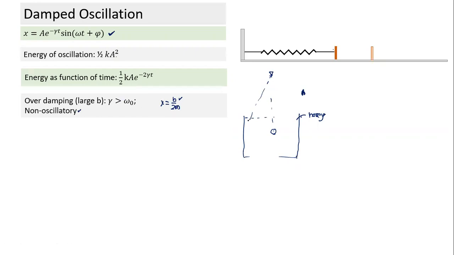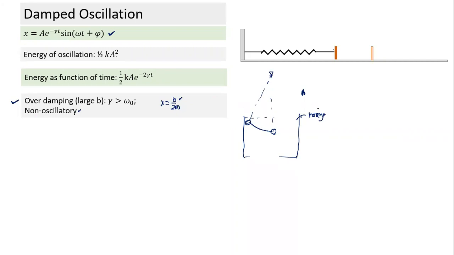Just think of what will happen. If it is highly viscous grease or something like this, and I take the pendulum here and release it, what may happen? It may offer so much resistance that it will very slowly move from here and come to rest. It will not even oscillate. So that is over damping. This is understanding the formula and relating it a little to a real-life scenario.